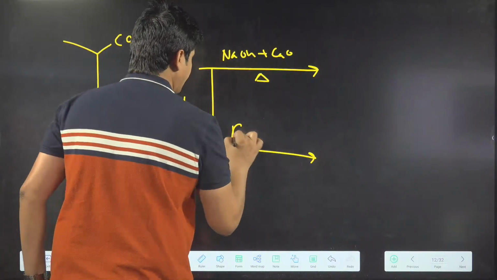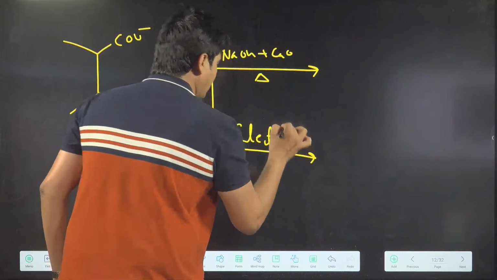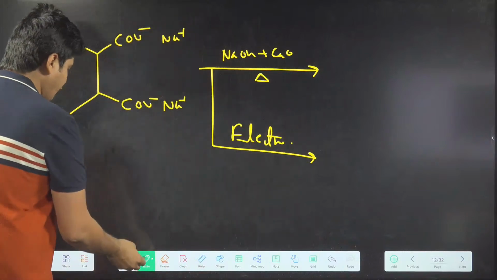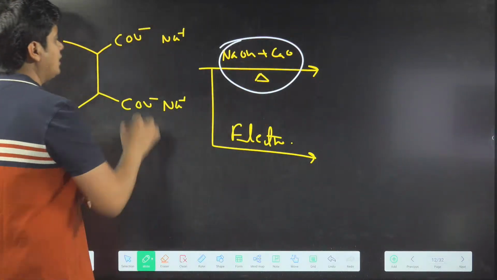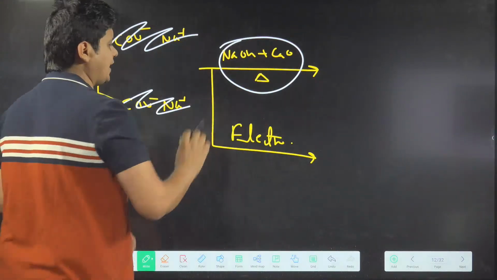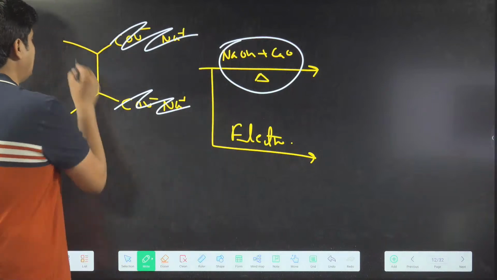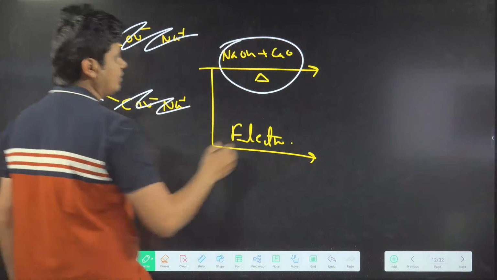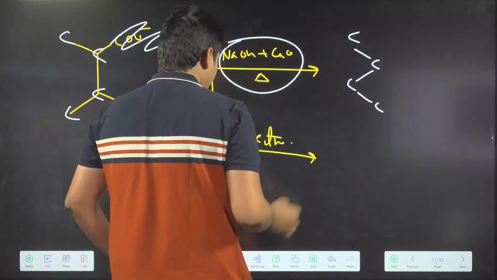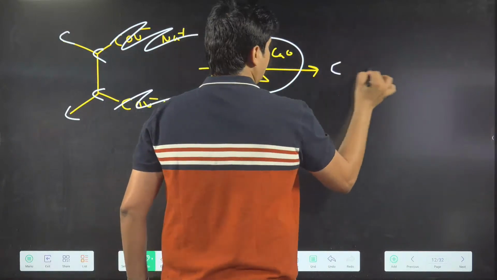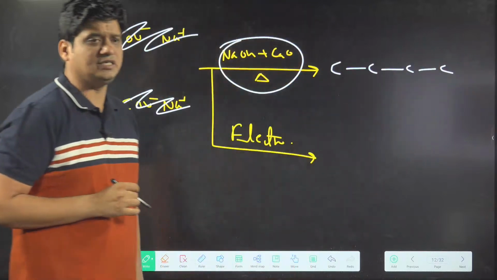Another condition is electrolysis, meaning Kolbe's electrolysis. How to find the product? Remove this group, satisfy the valency by hydrogen. So what is left? 1, 2, 3, 4 carbon, so a 4 carbon alkane is formed. Is it okay or not?